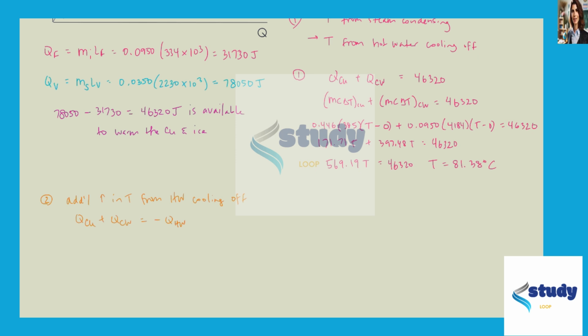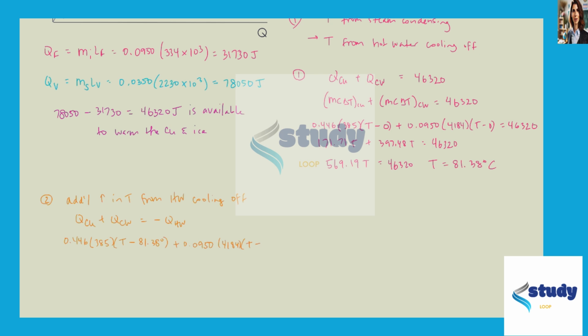And now this time, we'll be able to set up still MC delta T: 0.446 times our 385. We're still going to call it T as the final temperature, but we're now talking about copper that's starting at 81.38 degrees Celsius. And now plus our mass of formerly ice, now cold water, 0.095 kilograms times our specific heat of water.